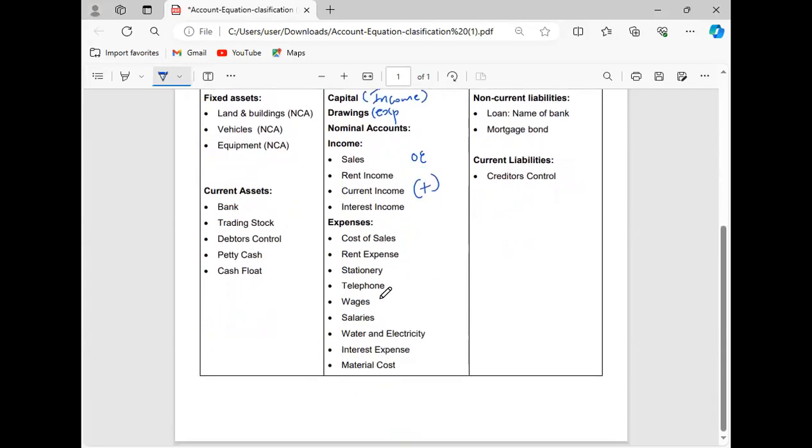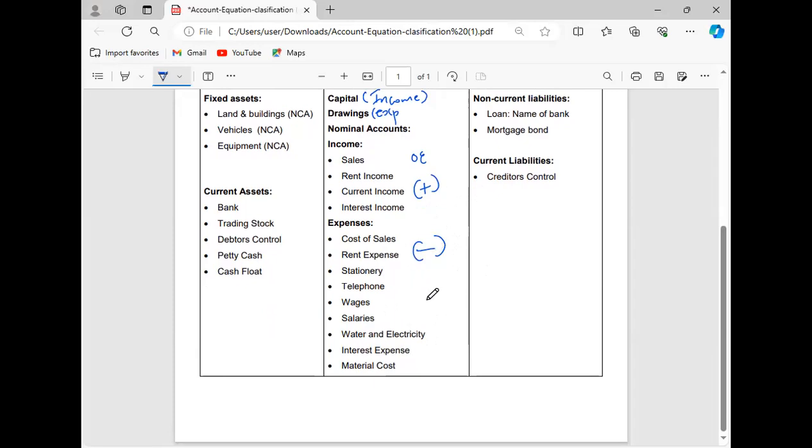And then we are going to have expenses such as cost of sales, rent expense, stationery, telephone, wages, salaries, water and electricity, interest expense, as well as material cost, and many more other expenses in the business. They become expenses because they are going to decrease our owner's equity, the interest of the owner in the business.